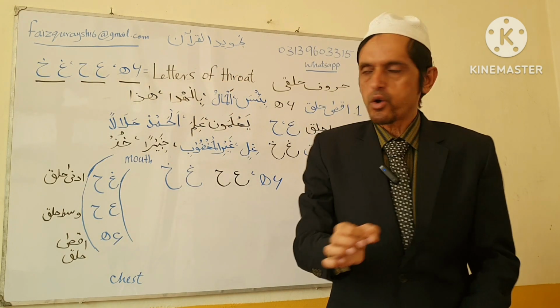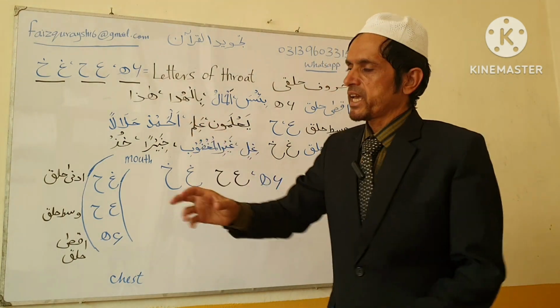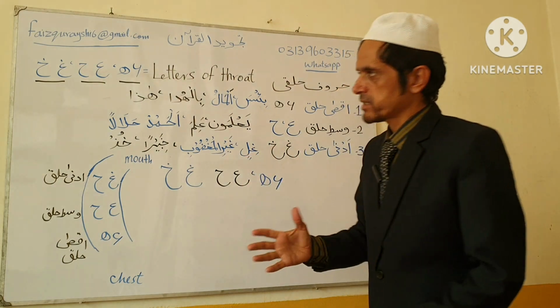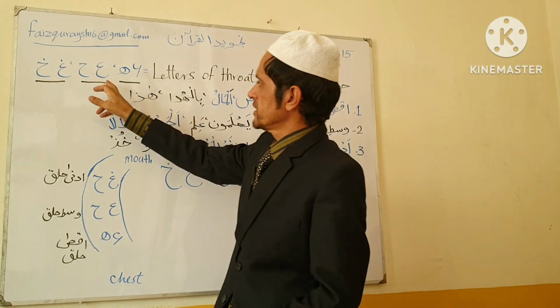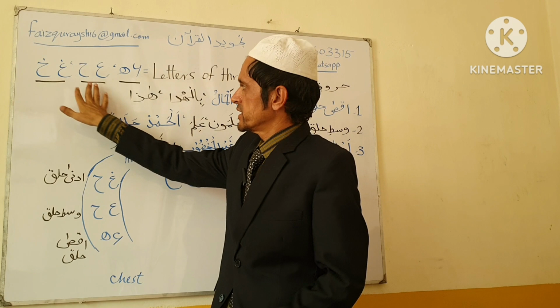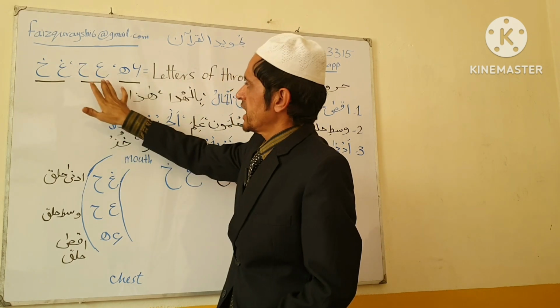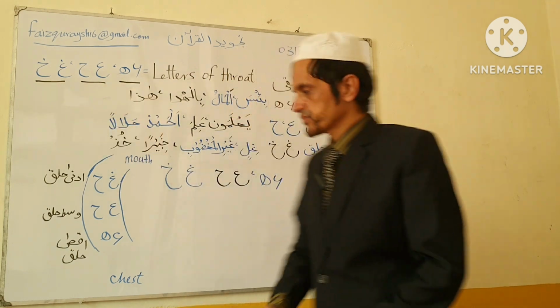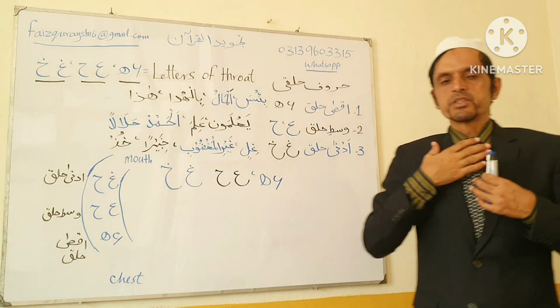When we put dots, they change their place of articulation, and they are different from them. Ain, Ha, Ghain, Kha.